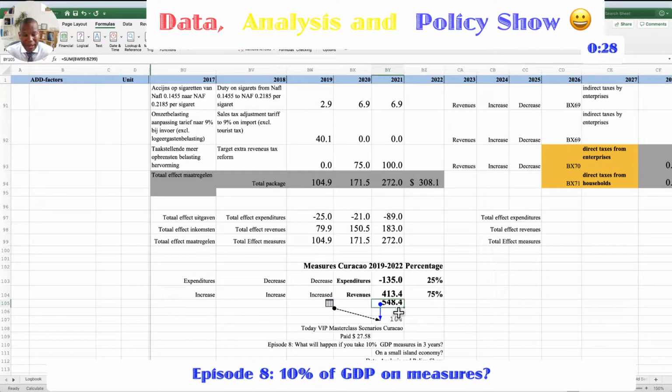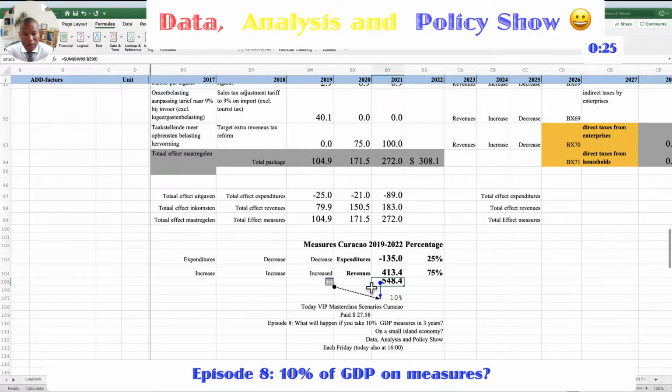But when you look at the composition of the package, that's the last thing I want to give you. You want to ask, does the 548 million come from the expenditure side or the revenue side?